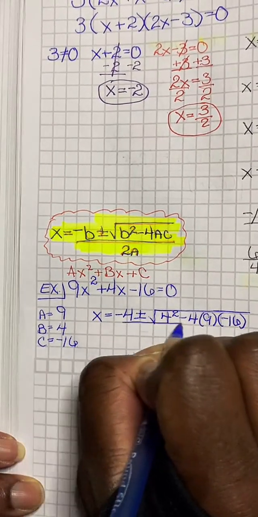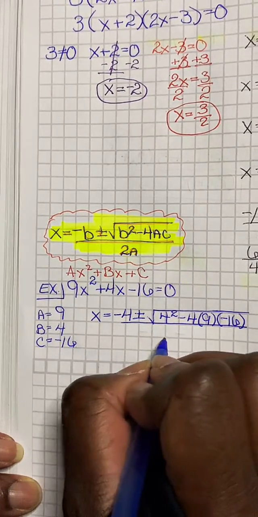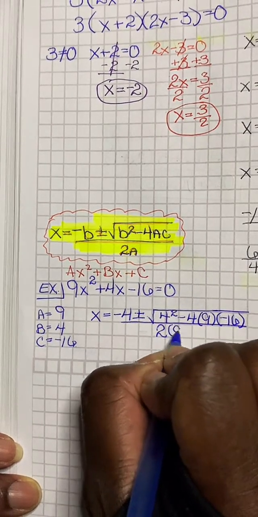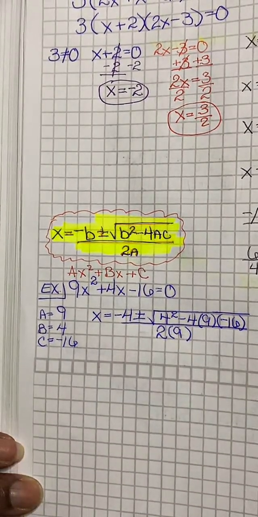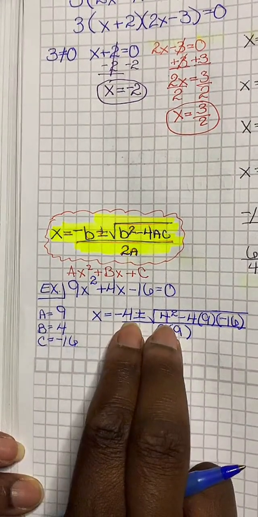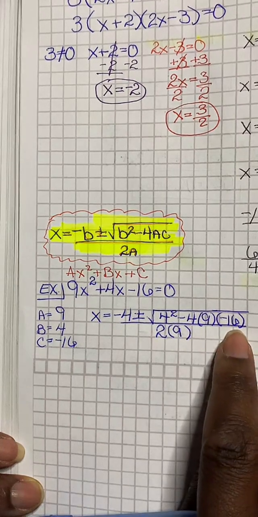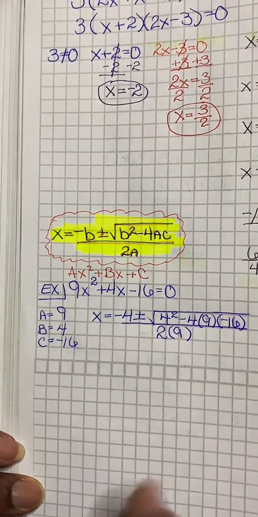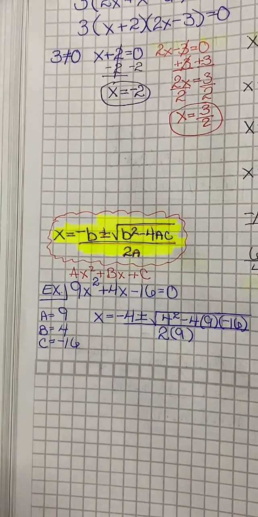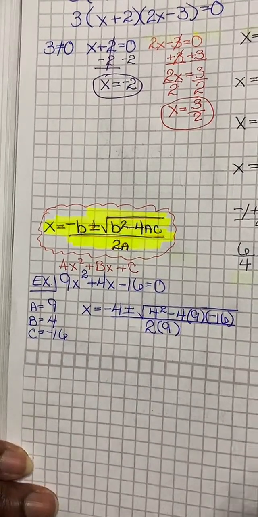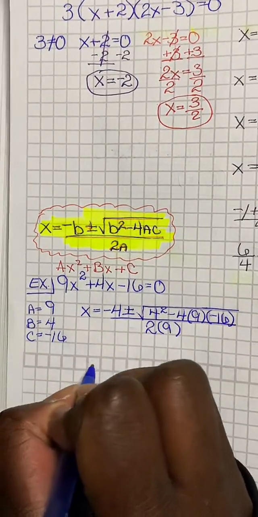And all of that is over 2 times my a, which again is 9. So you're using the b's twice and the a's twice. You're only going to use the c once.